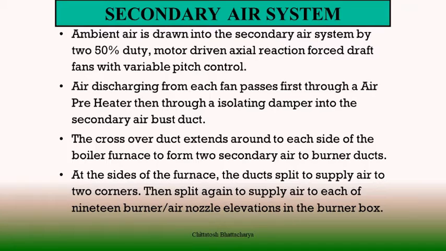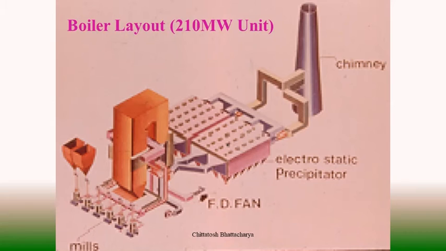So in that system, the FD fan is drawing the air, and part of the FD air is passed through the air preheater for heating, and then it is distributed into secondary and primary. Primary air is sucked by the primary air fan and secondary air is going to the wind box.